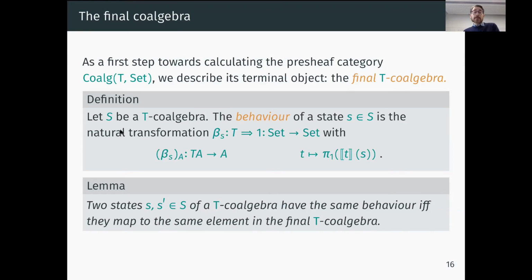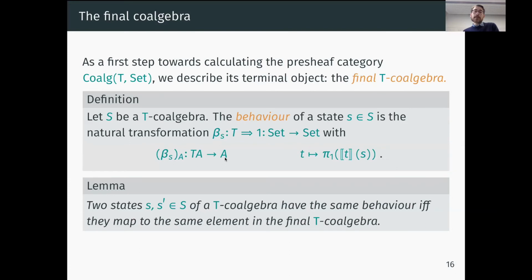Okay, and so the way we do this is via what we might call the behavior of a given state of a coalgebra. The behavior of a given state is a function which to any element of TA, which is a computation returning values in A, gives me an element of A. And what is that element?